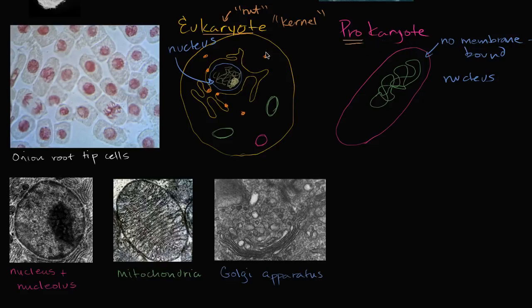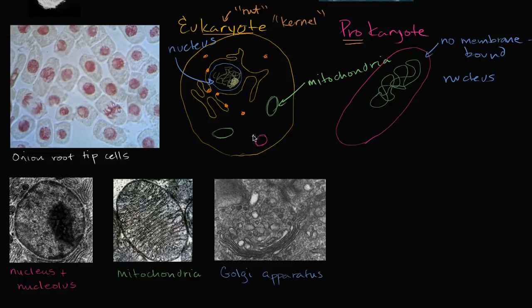So I guess you could think of the nut or the kernel as the membrane-bound structure, especially the membrane-bound nucleus over here. But that's not all. Eukaryotes will also have other membrane-bound structures that you will not see in prokaryotes. For example, you will tend to see mitochondria in a eukaryotic cell, both plant and animal cells, but you won't see it in a prokaryotic cell.